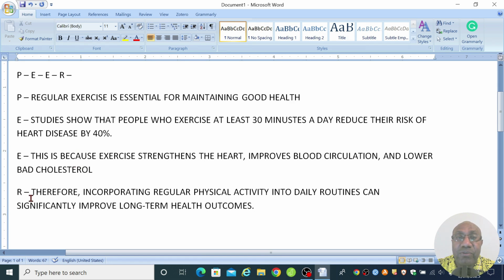And then you can use 1 or 2 sentences towards the end to repeat the point and link it to the first sentence and close that paragraph off.